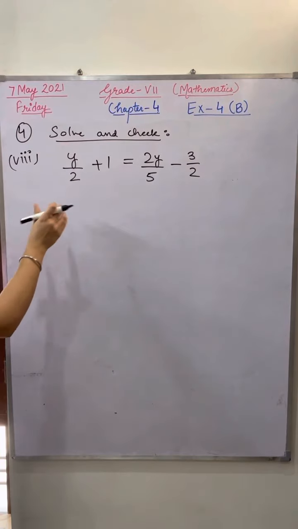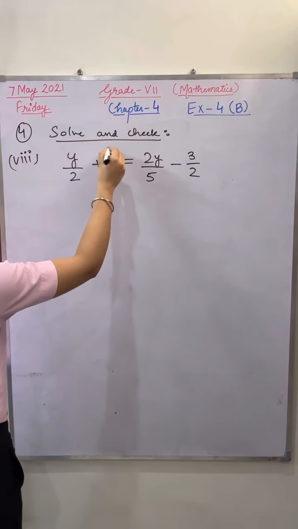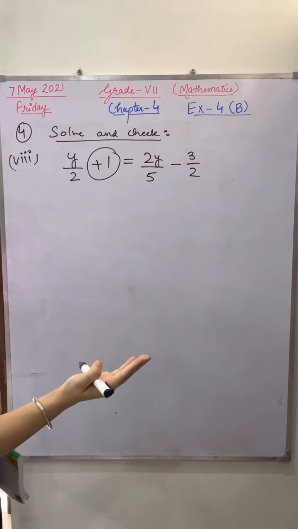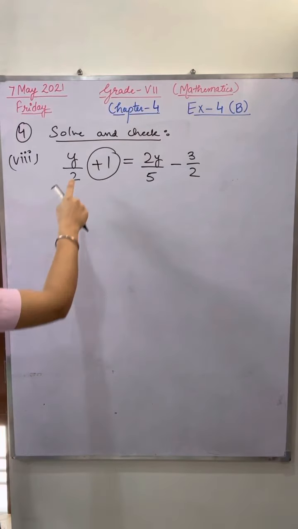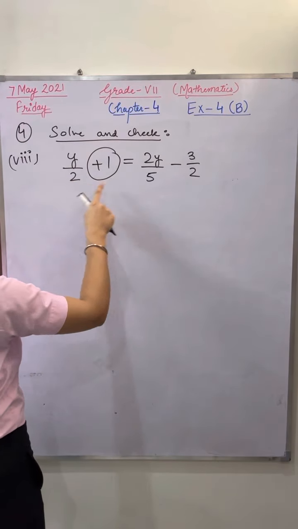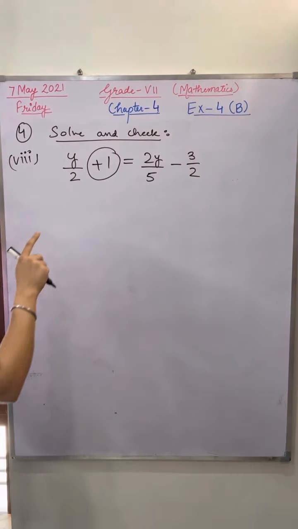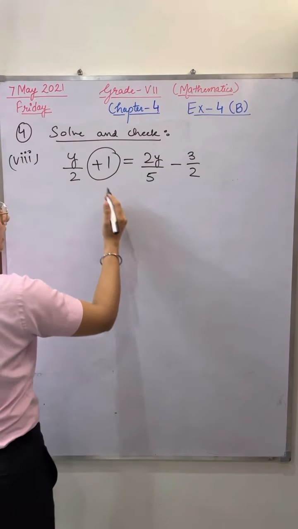So yesterday we have started this concept that whenever you are having any constant term on the left hand side, you have to shift it to the right hand side. I'm having this constant value here. This is not constant. This is my variable value. This is constant. So first of all, you have to check the constant value on the left hand side and shift it to the right hand side.